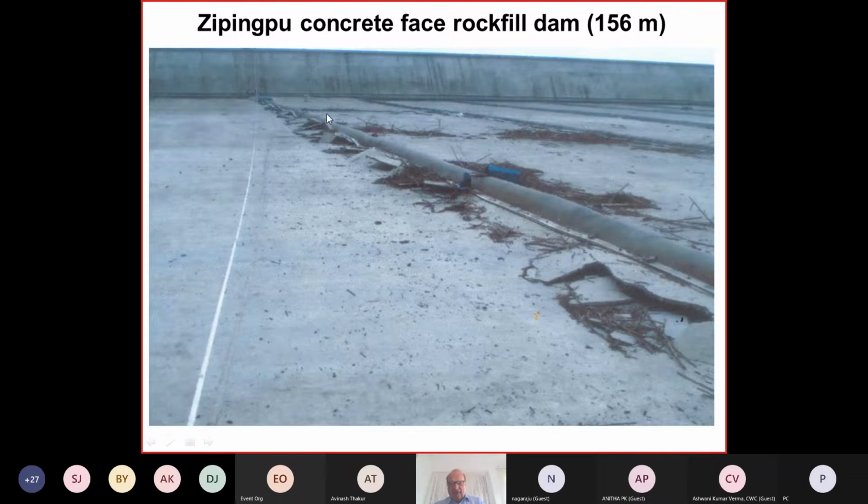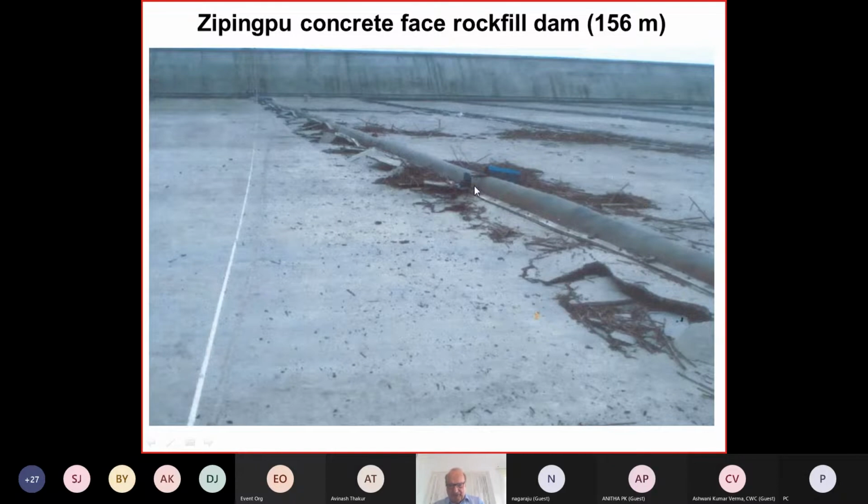And the joints here, I mentioned already, like in gravity dams, you put water stops, and here special water stops have been developed for concrete face rockfill dams, because the movements in embankment dams are much larger than in concrete dams.